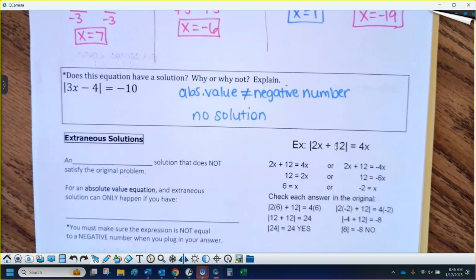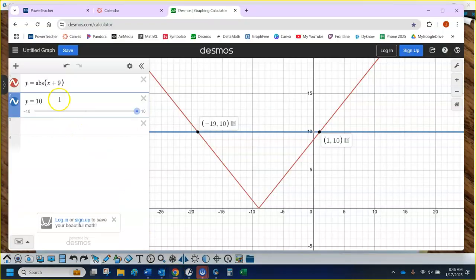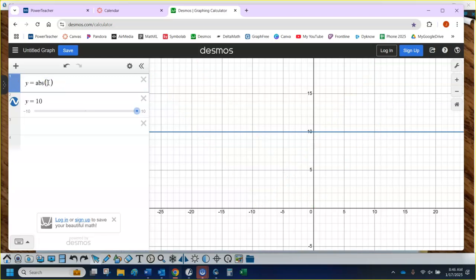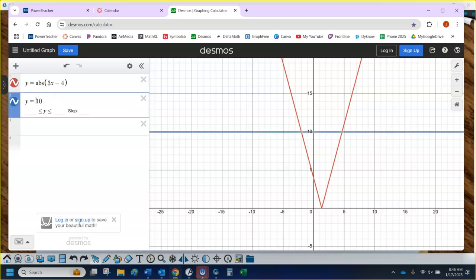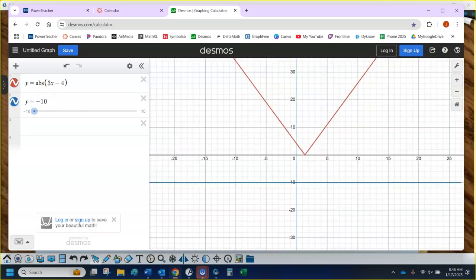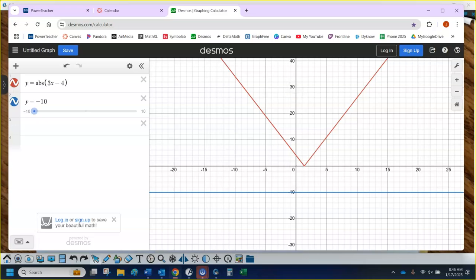Think about that for a second. I'll pull the Desmos back up real quick and show you guys. So if I did, all right, so we had, what was it, 3x minus 4, right, in the absolute value. I wouldn't ask you to graph this or anything, but then it was equal to negative 10. And if I scrunch this so you can see the graph, like, here's my absolute value, right, my V shape, it never runs into this negative number.